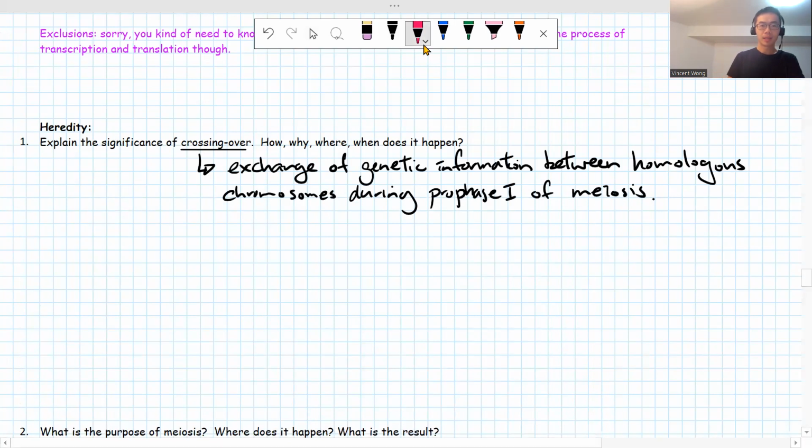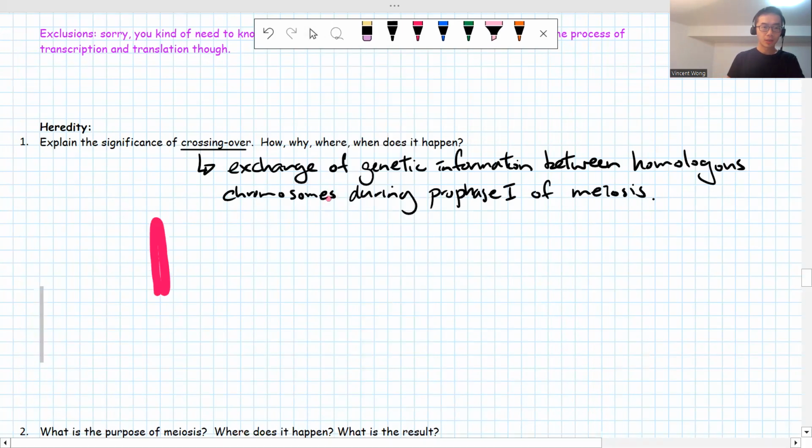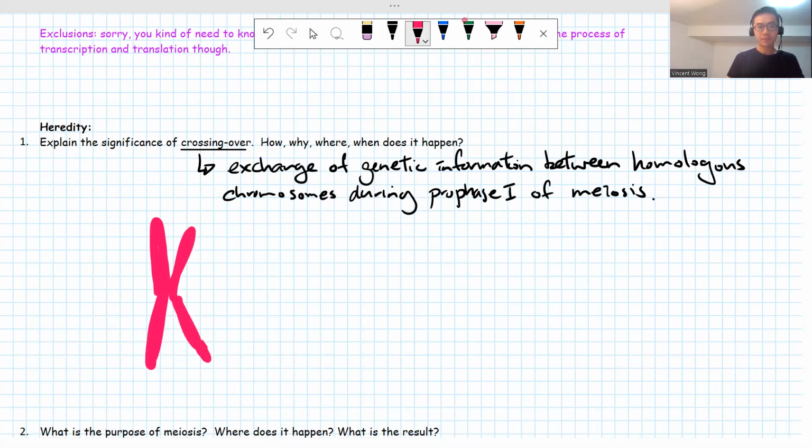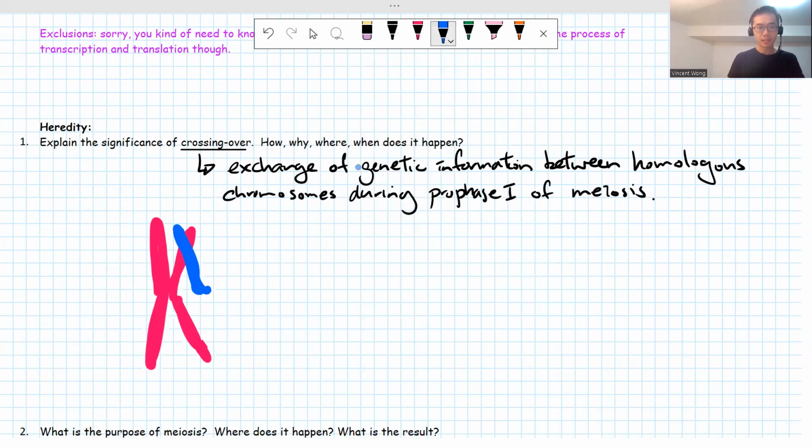Now you might remember these pictures that we drew in class. You have chromosome 1 from mom, and chromosome 1 from dad, and this is meiosis happening in your body. Let me just reorient you.